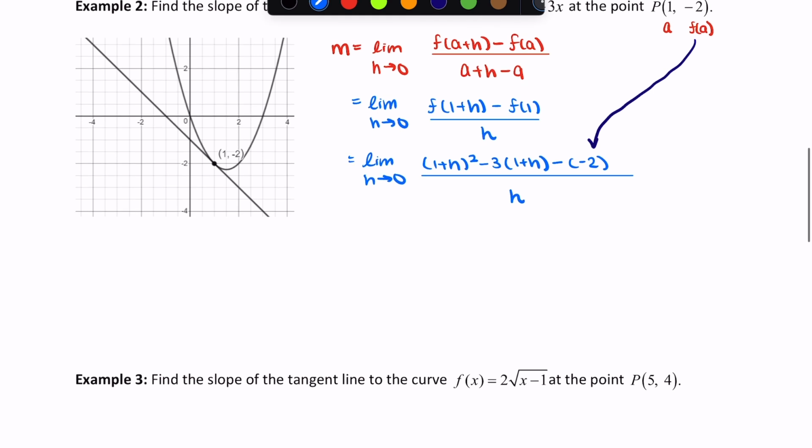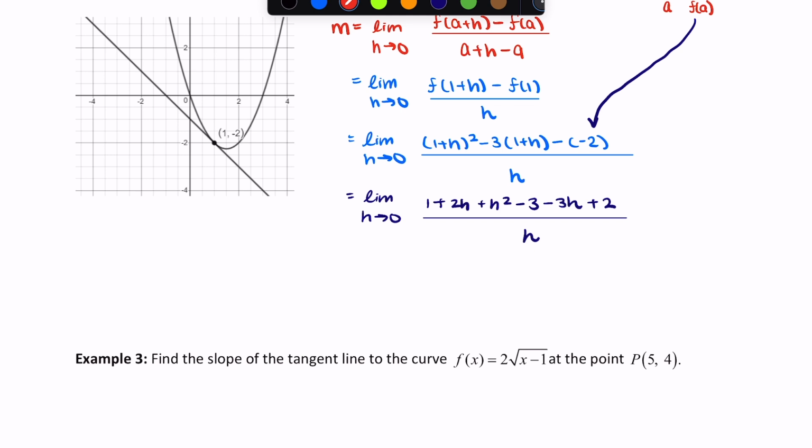So here, if we expand, we get the limit as h approaches 0, 1 + 2h + h² − 3 − 3h + 2 all over h. So here we can cancel out a few things.